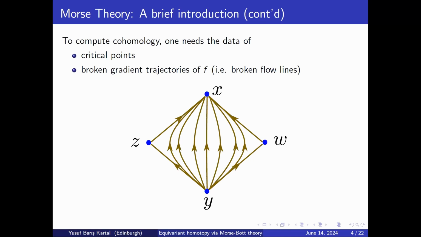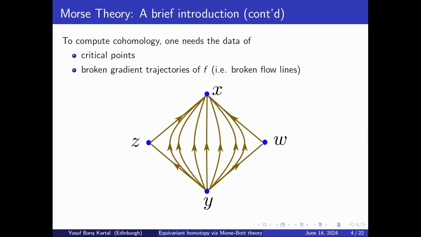As you can see here, the gradient trajectories from y to x, there's one here, one here, one here, but they are parameterized by an open interval. It's not compact, but if you include broken trajectories, meaning the concatenation of the trajectory from y to w and w to x, and similarly y to z and z to x, then you are getting an interval, so it becomes something compact.